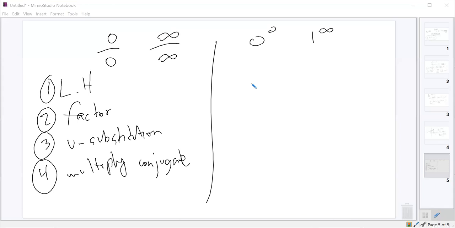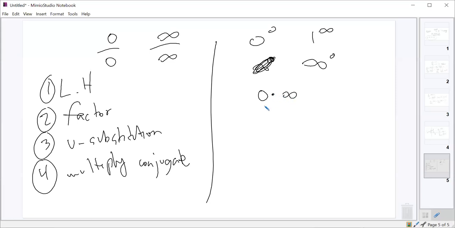Yeah, infinity minus infinity, I'll do that one in a minute because that one's different. Yeah, infinity to the 0. Yeah, and 0 times infinity.